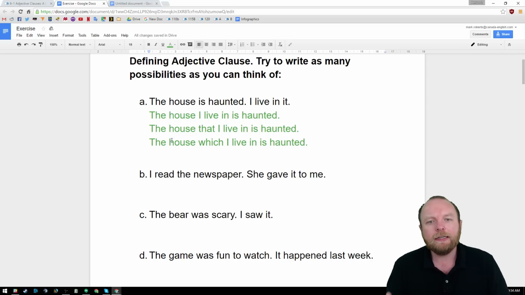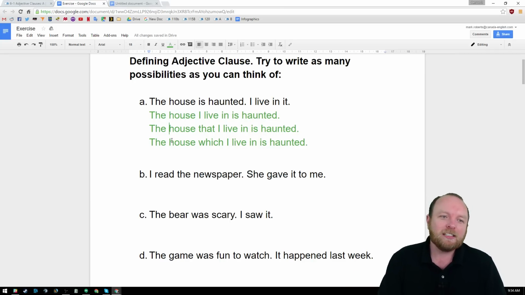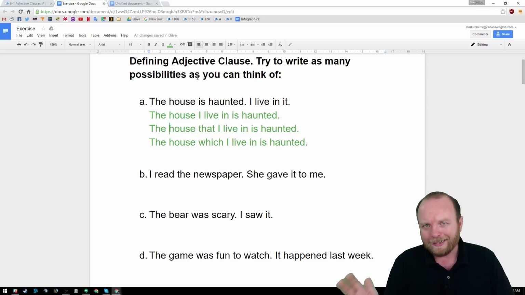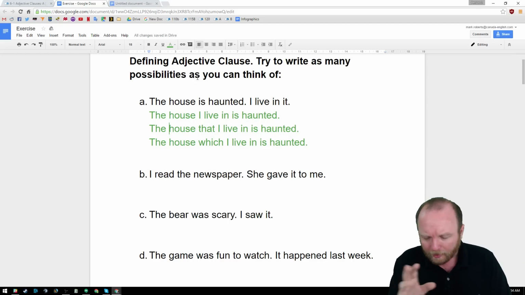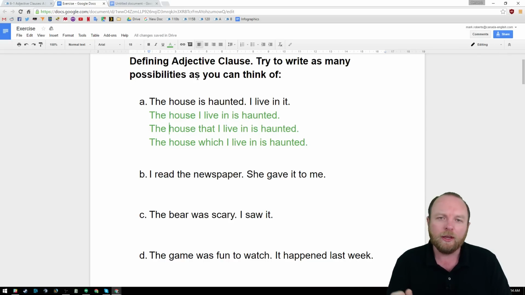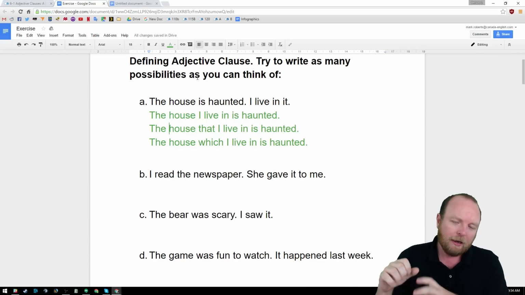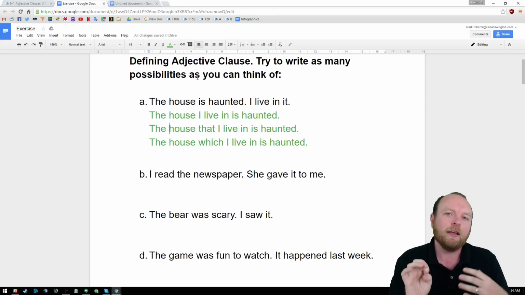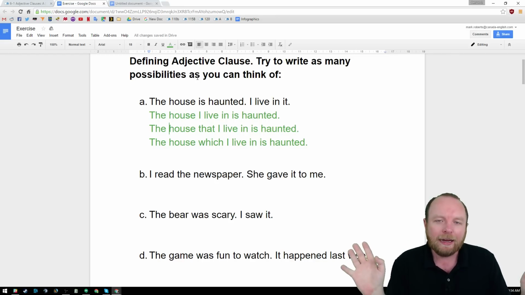The house is haunted. Now, maybe you don't understand haunted. Haunted means it has a lot of ghosts. It's a very big problem in Canada. We have a lot of haunted houses. Many houses have ghosts, and we have to close the house and call the Ghostbusters, and they come and clean the house of ghosts.